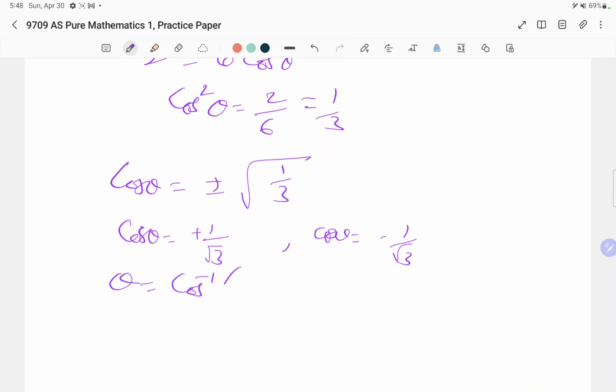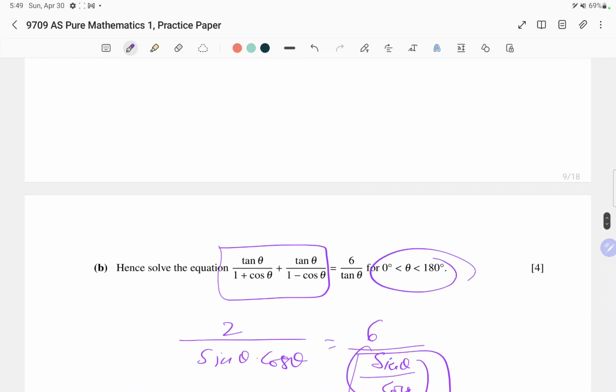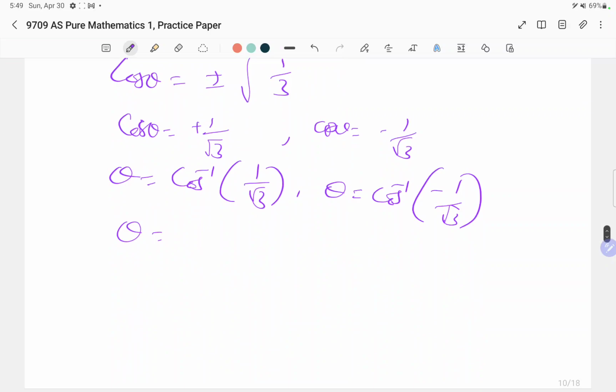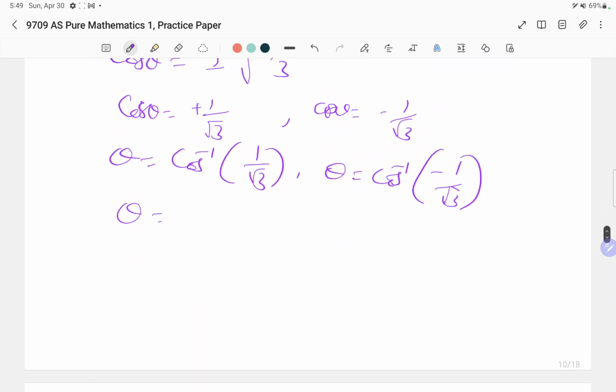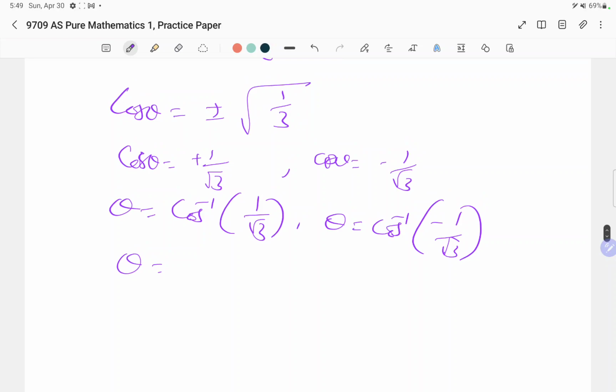So theta is cos inverse 1 over root 3, and theta is cos inverse minus 1 over root 3. Now our question is in terms of angle in degrees, so our calculator must be in degree mode, so I need to convert to degrees.